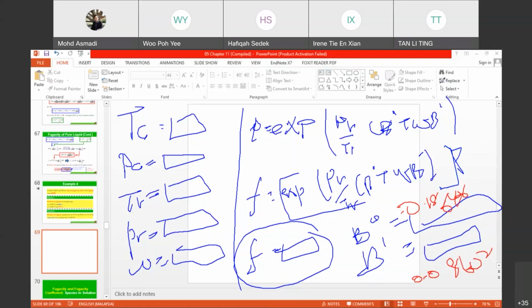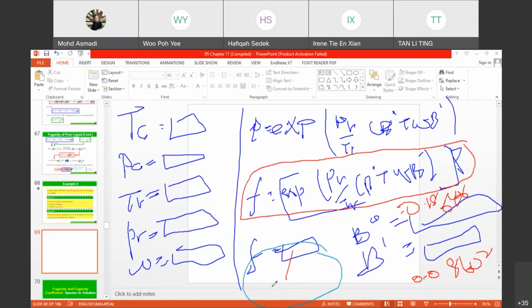Phi 0.97, I'm not sure about the phi. But you can calculate directly, just substitute into the fugacity. So this one you can get 18.76 bar.